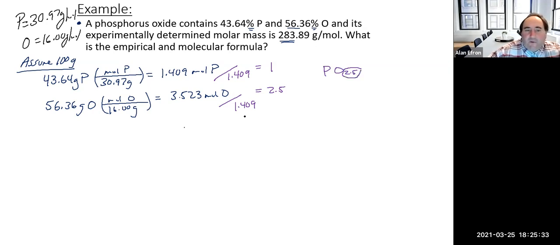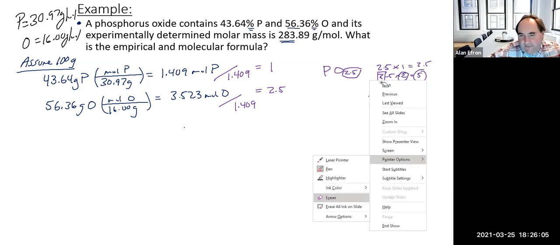This is too far to round. So we want to find a factor by which we can multiply this empirical formula to get all whole numbers. You could just do trial and error. 2.5 times 1 is 2.5. 2.5 times 2 is 5. So that will do it. The factor we're going to go with is, actually, I should circle the right one there. It is 2 on that side.